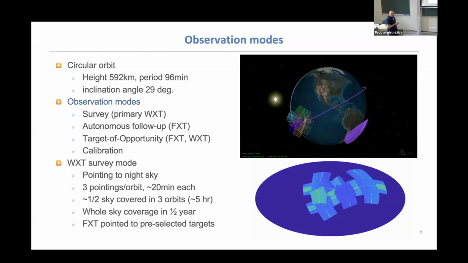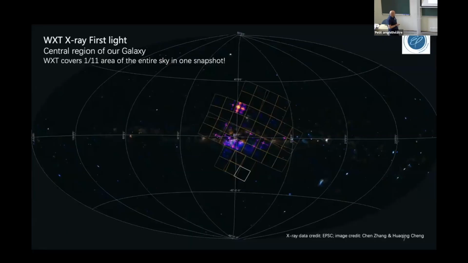So in the last half a year, what did Einstein Probe do? This is sort of the first light. It's not very well visible, but here you see all the modules. It's pointing to the galactic center, and it covers the galactic center in one go. Here's, for example, Sco X-1.